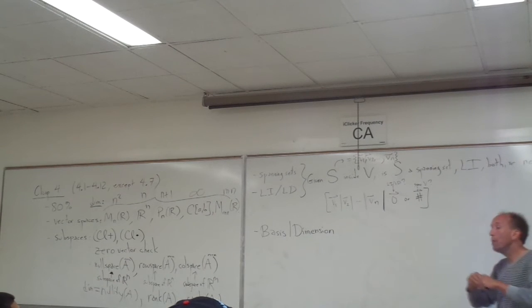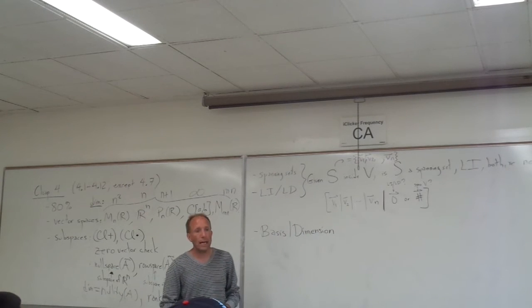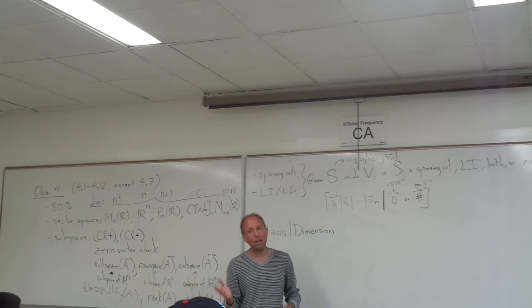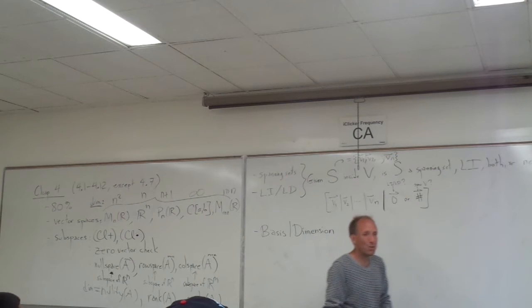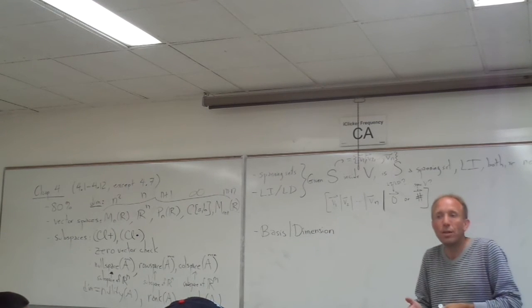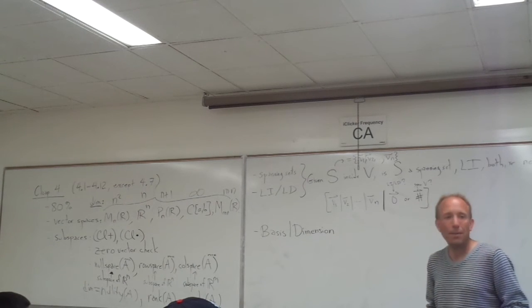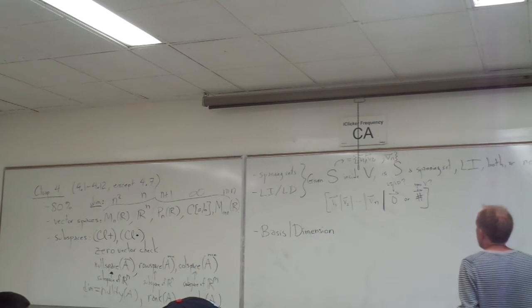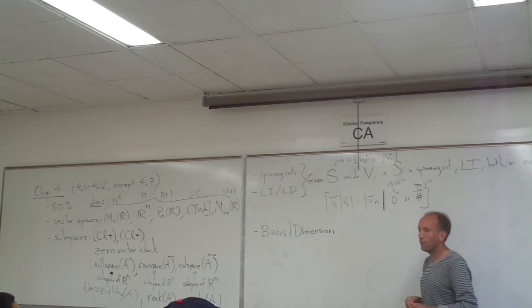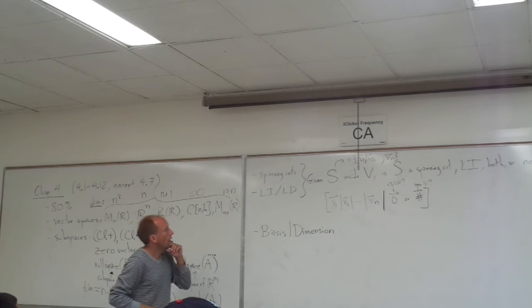But if I give you too many vectors, then they can't be a basis because they can't be LI. And if I don't give you enough vectors, like the one I gave you on the quiz on Wednesday, then they can't possibly span the space. So we just want to make sure everybody's good with all of that. We'll have to practice this a little bit tonight.